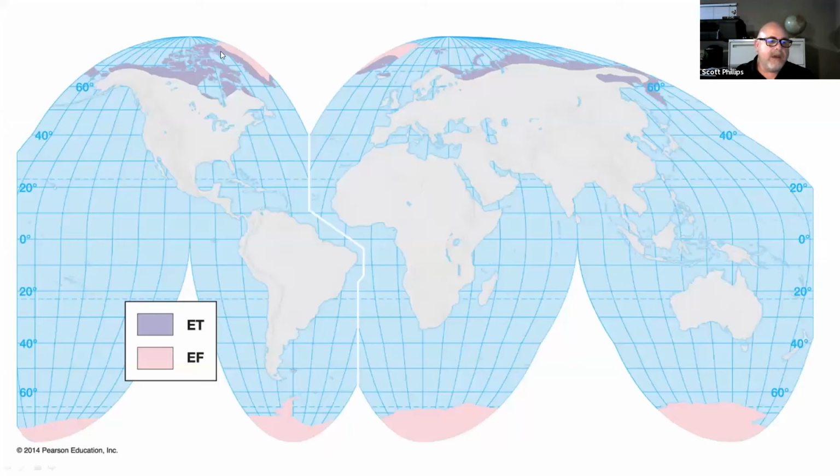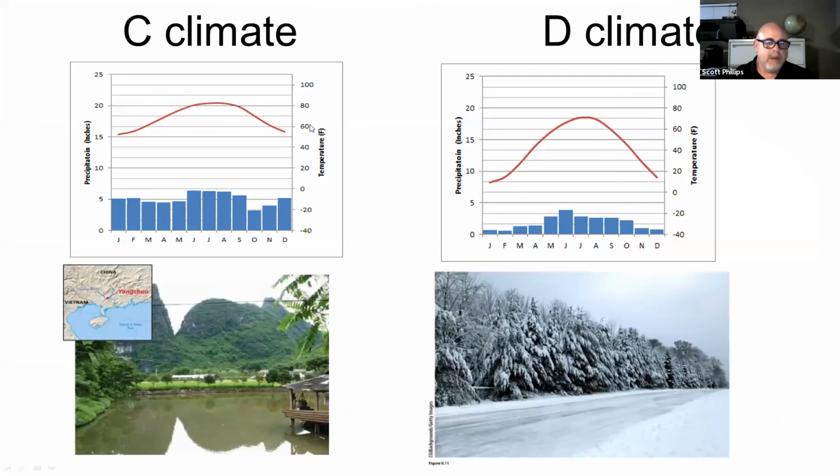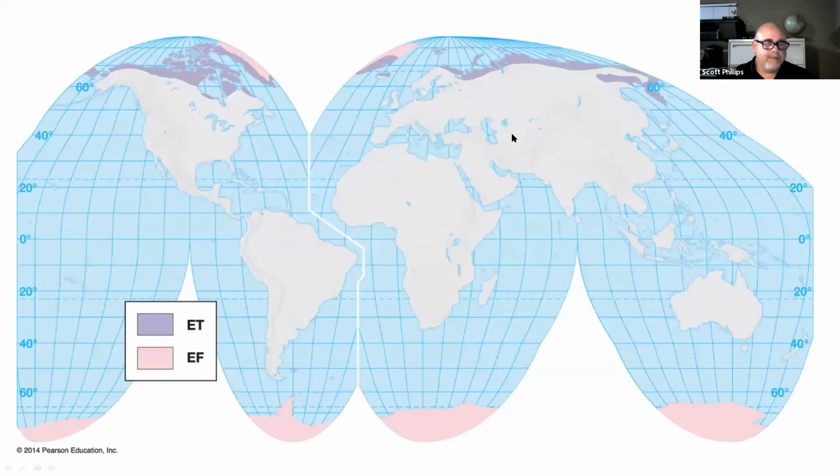And then lastly, we have our polar climates. By the way, this one is subarctic, but we can just call it the D. It's the only example we have of a D climate, so we're just going to stick with that. And lastly, we have our polar climates, including tundra and ice sheet. EF is ice sheet, ET is tundra, and the example I have is tundra.